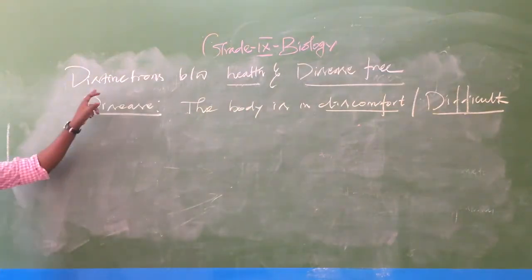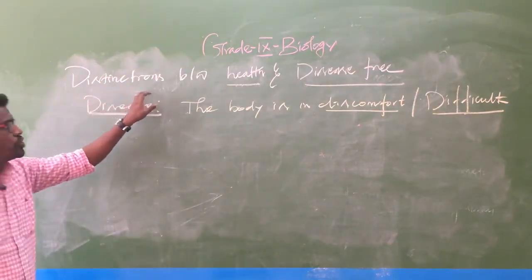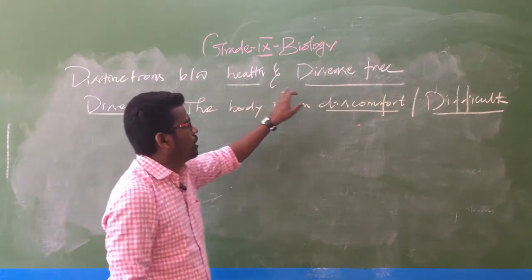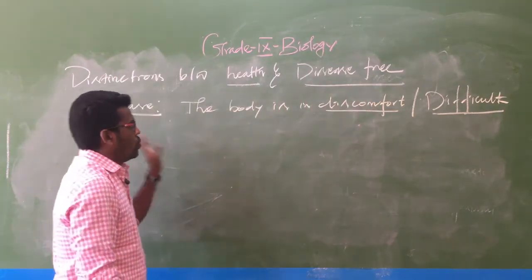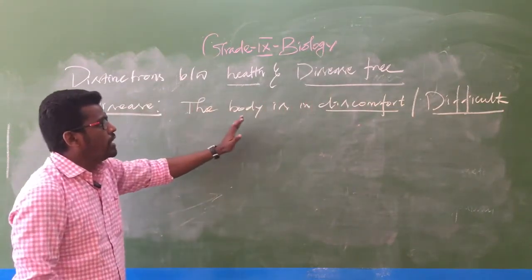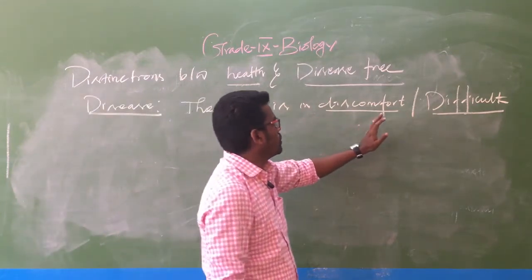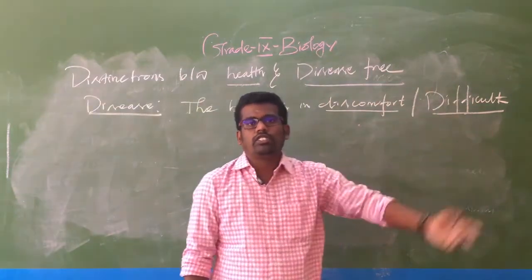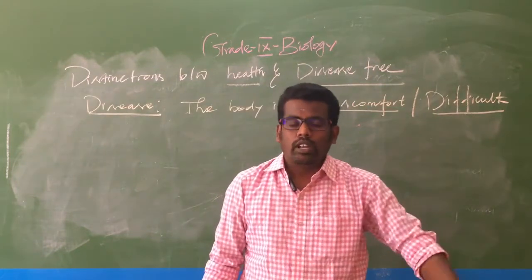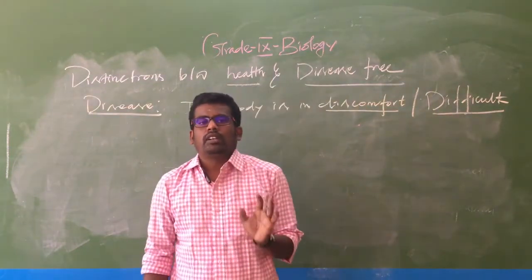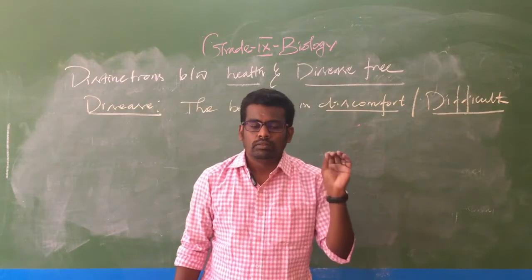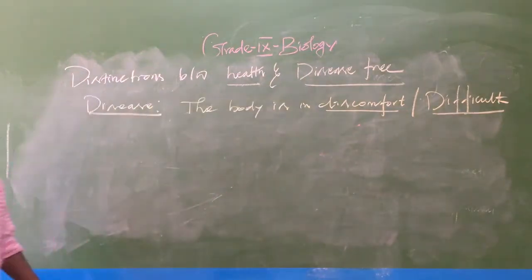Again, we are discussing distinctions between health and disease free. What is meant by disease? The body is in discomfort or difficulty, unable to do any activities. That condition is called disease.